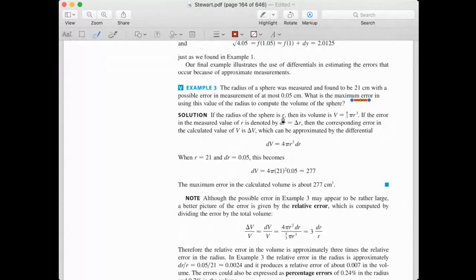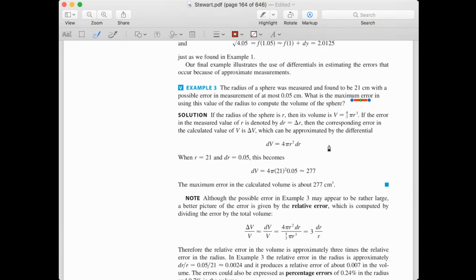So let's use r to represent the radius of the sphere and V the volume. So we know a sphere has a volume formula 4/3 pi r cubed. And we denote the error in the measured value by dr or delta r, right? This is the allowed mistake.